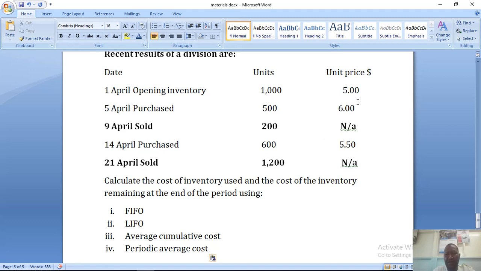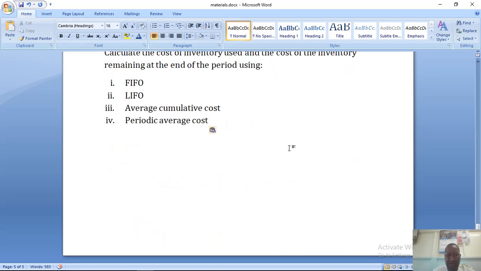So 1,000 by $5 per unit, that's 5,000, plus 500 by $6 per unit, that's 3,000, then plus 600 by 5.5 per unit, that's 3,300. Add those and divide by the number of units: 1,000 plus 500 plus 600, 2,100 units.